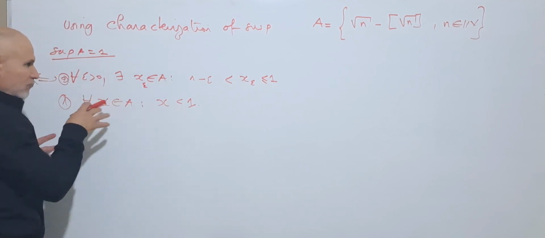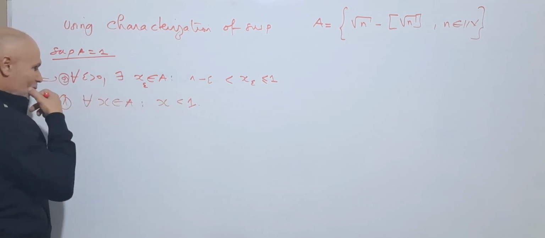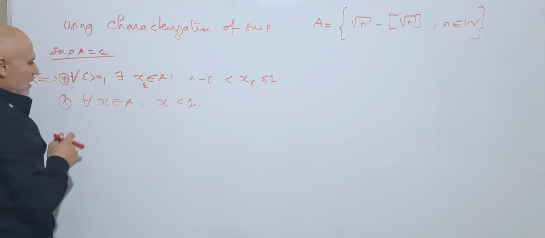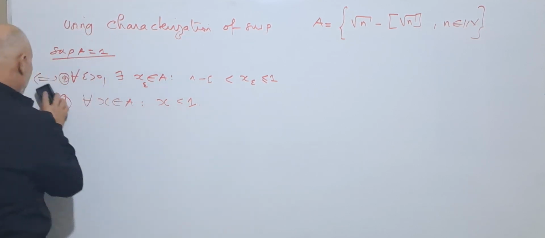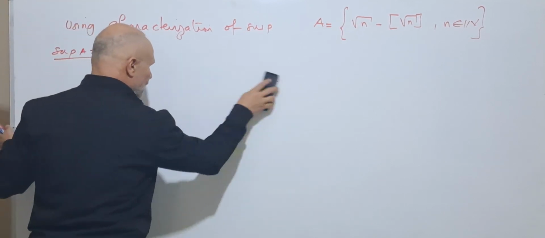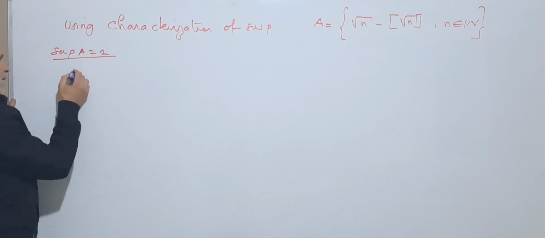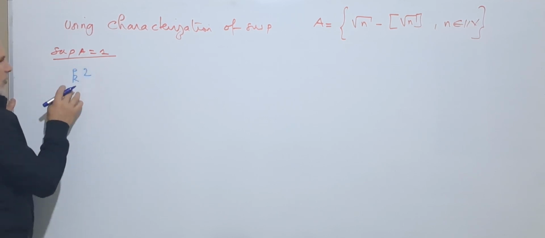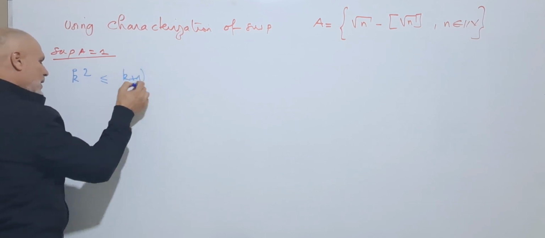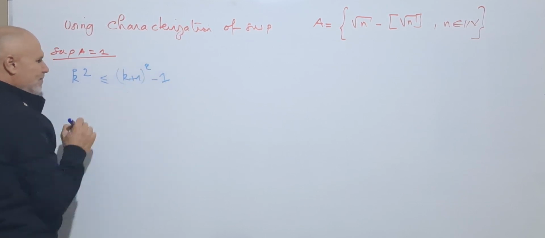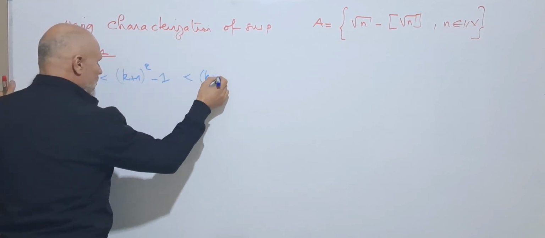The previous work shows that this is true. Remember to show that this one is also true. We have k squared, a natural number, which is less than or equal to k plus 1 squared minus 1, and this is less than k plus 1 squared.